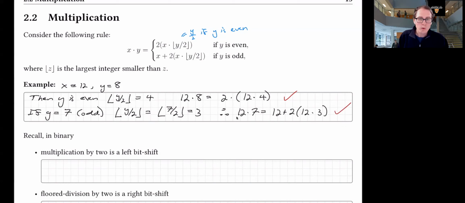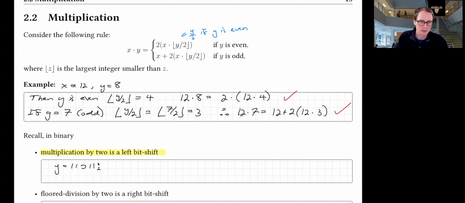Okay, so why on earth am I writing things like this? Well, the reason is that floored division by 2 and multiplication by 2 are straightforward operations in binary. In particular, multiplication by 2 is just a left bit shift. So as an example, let's say y is the number 1, 1, 0, 1, 1 in binary.